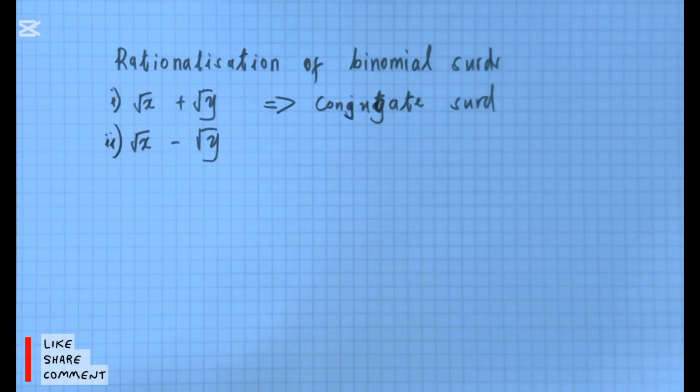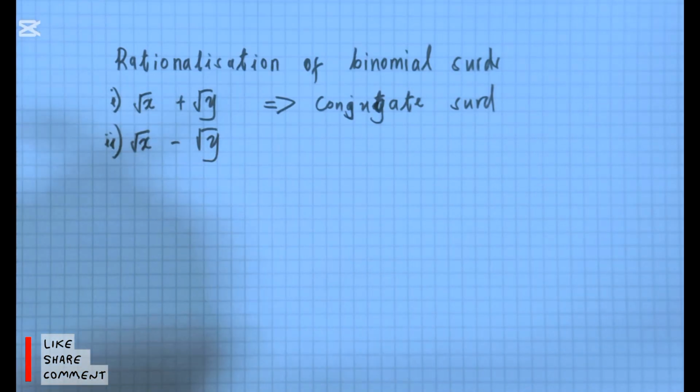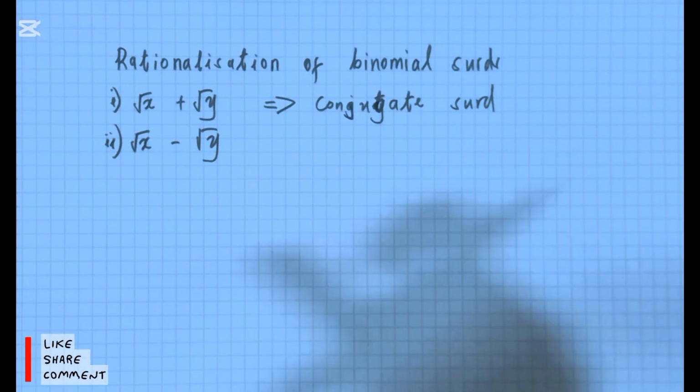All right. So now, why am I introducing to you the term conjugate surd? Usually, when you multiply a surd by its conjugate, you end up rationalizing it. Remember, all surds are irrational.